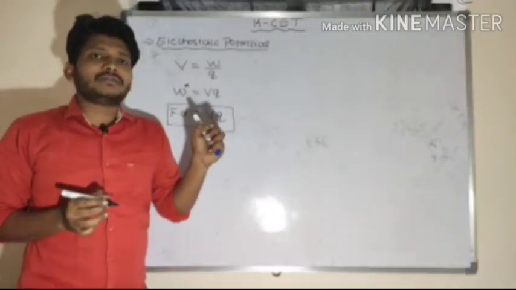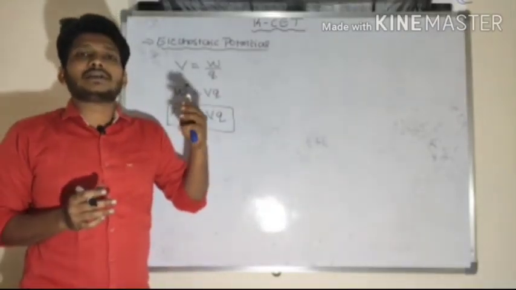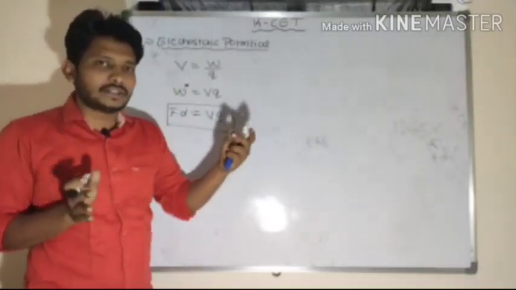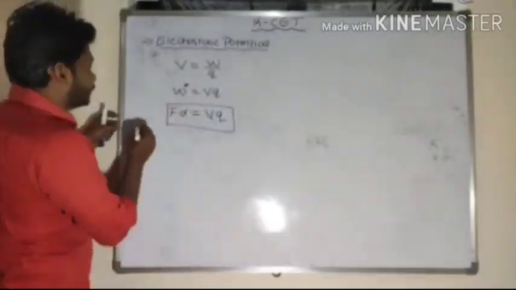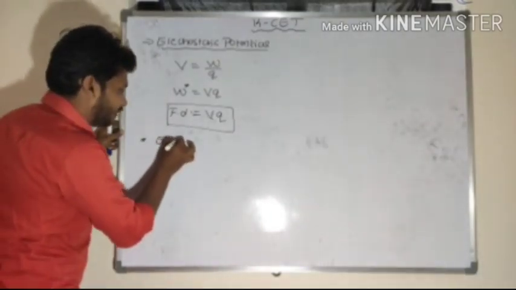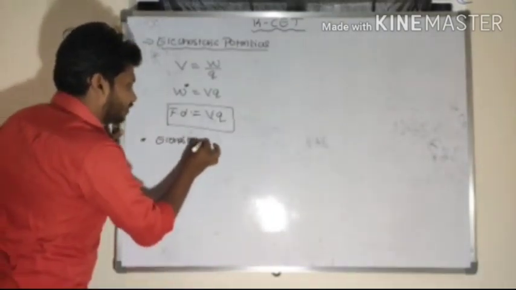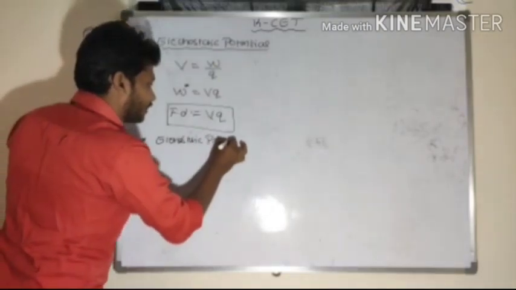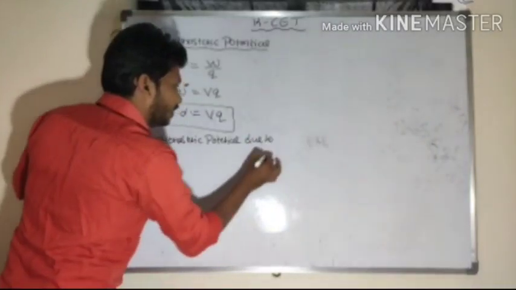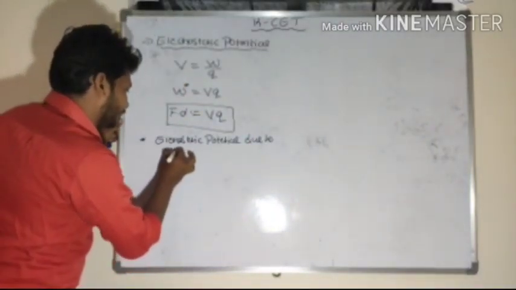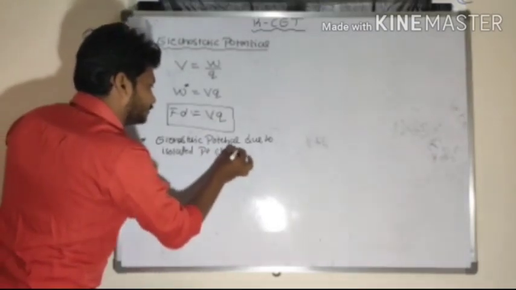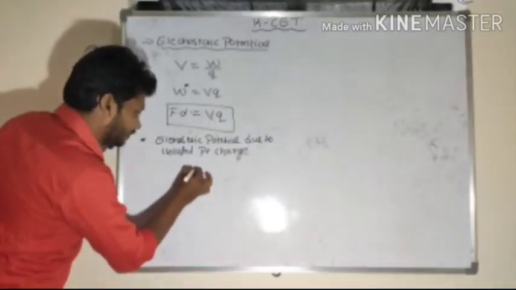What is the equation for electrostatic potential in the case of an isolated point charge? You already know this, I am just brushing up here. So electrostatic potential due to an isolated point charge. You derive this equation for the theory examination.